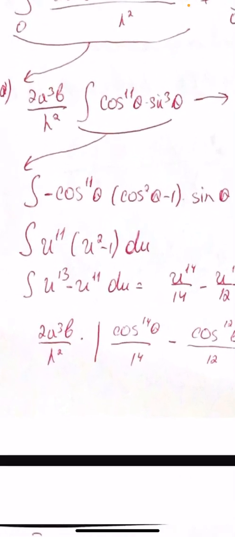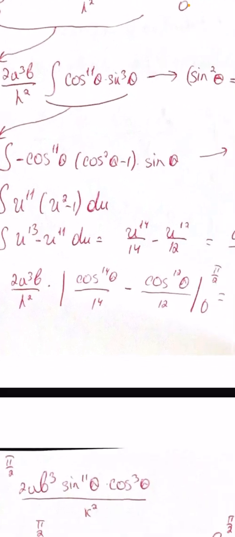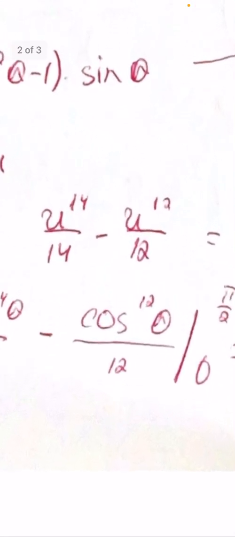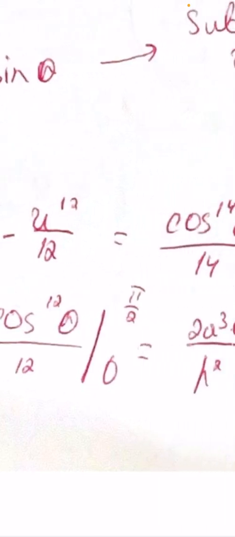So our function is going to look like u power of 11 multiply u square minus 1 with respect to du. It's easier to find the integral of this function, which is going to be u power of 14 over 14 minus u power of 12 over 12.